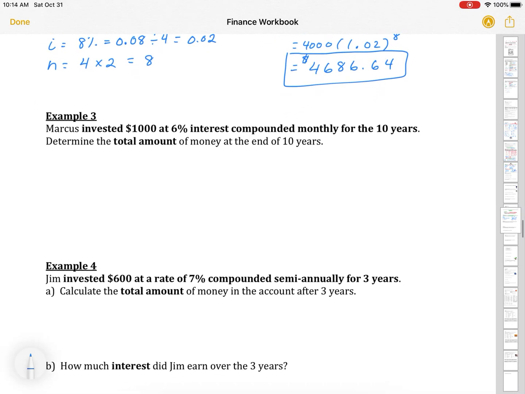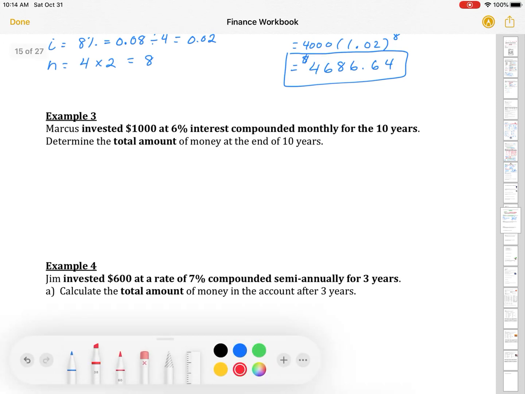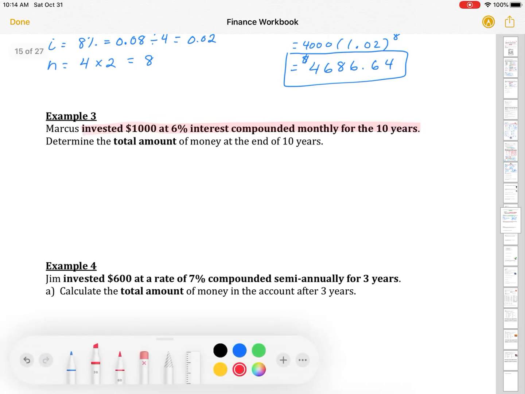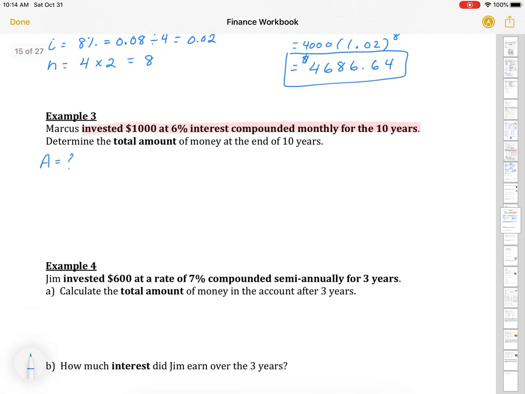All right, let's do another one here. Marcus invested $1,000 at 6% interest, compounded monthly. Let's highlight some of this. $1,000 at 6% compounded monthly for the 10 years. What is the total amount of money at the end of 10 years? So we're looking for the amount. Our principal equals 1,000.